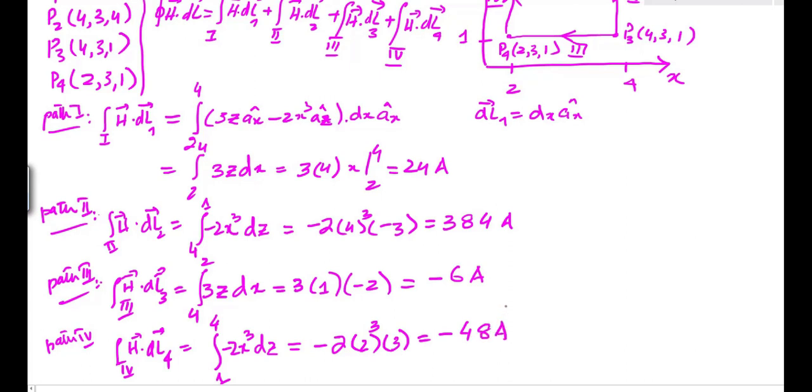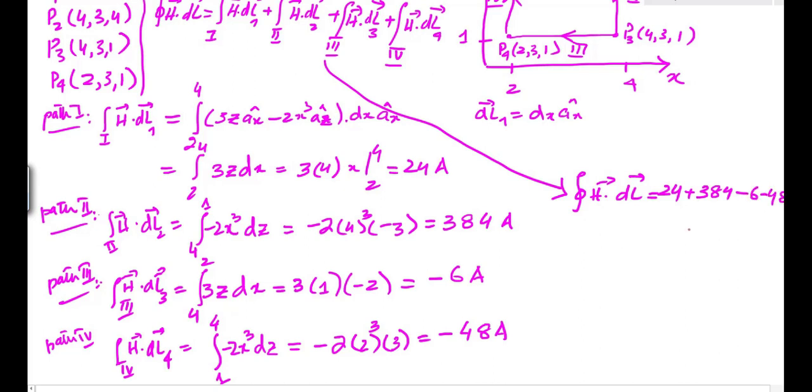So now I have to put these values in this expression. I have found the path integral of path 1, path 2, and similarly I have the values for path 3 and path 4. So from this expression I can write the closed line integral of H dot dl as equal to the value from path 1, which is 24, the value from path 2, which is 384, the value from path 3, which is minus 6, and the value from path 4, which is minus 48.